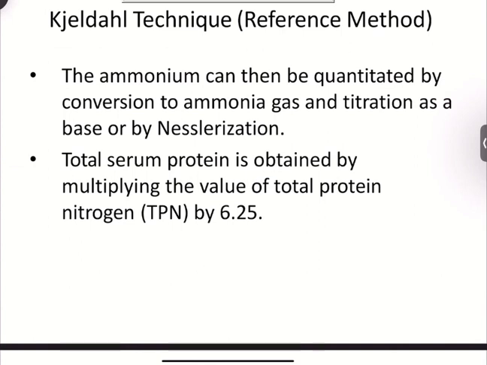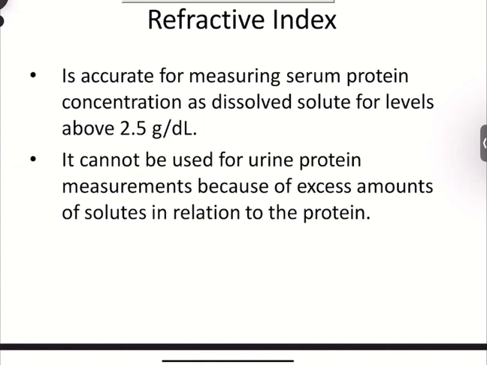Total serum protein is obtained by multiplying the value of the total protein by 6.25. Again, you have your refractive index. It is an accurate measure of serum protein concentration as dissolved solute for levels above 2.5 grams per deciliter.